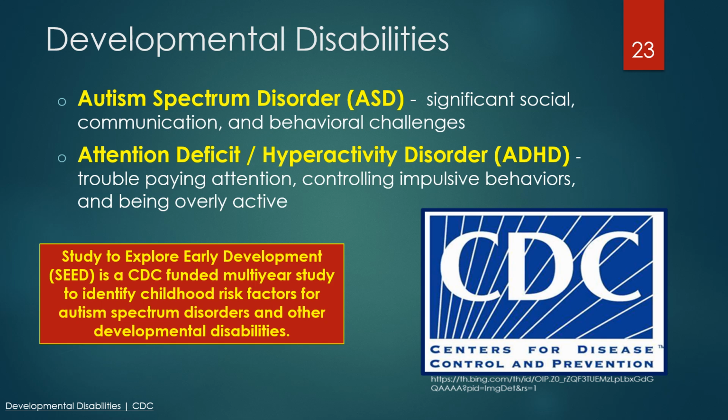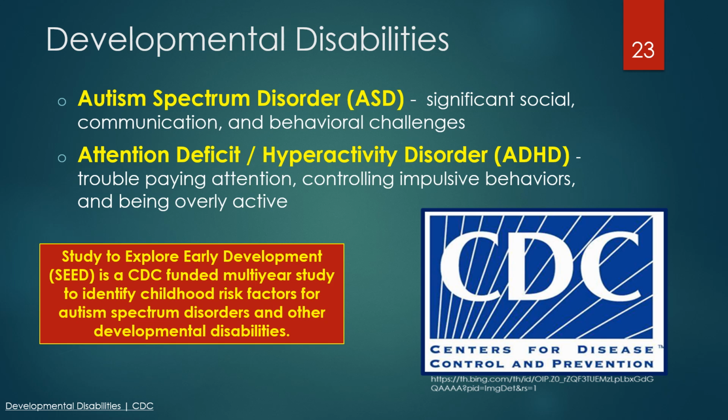Autism spectrum disorders, ASD, can cause significant social, communication, and behavioral challenges. Individuals with attention deficit hyperactivity disorders, ADHD, often have trouble paying attention, controlling impulsive behaviors, and being overly active.